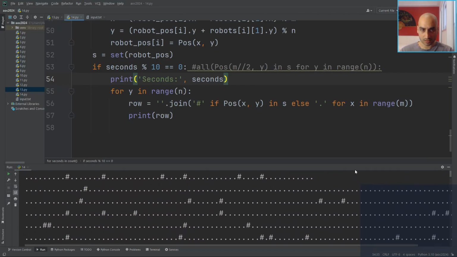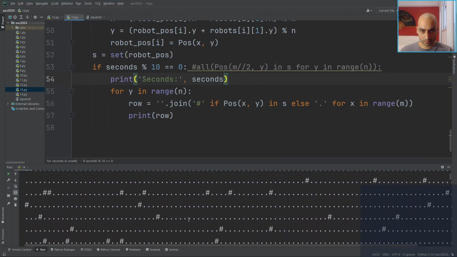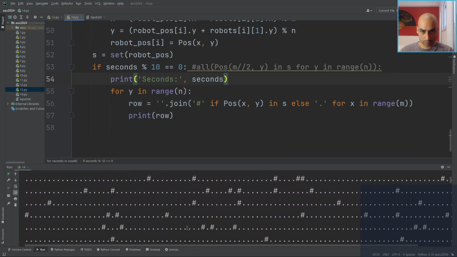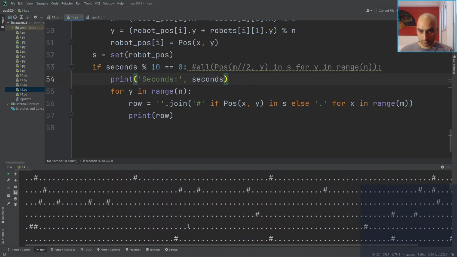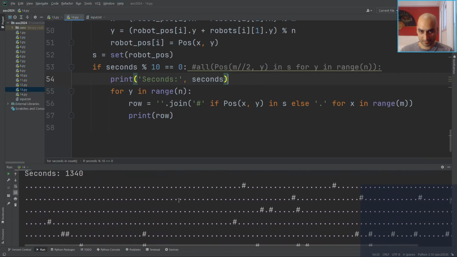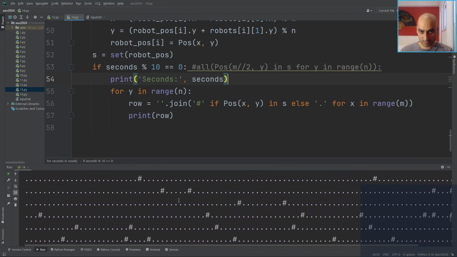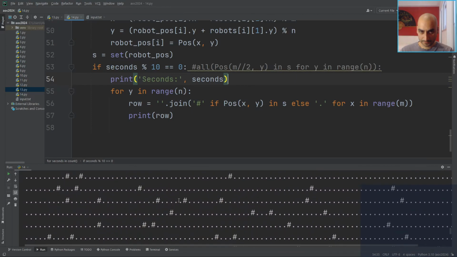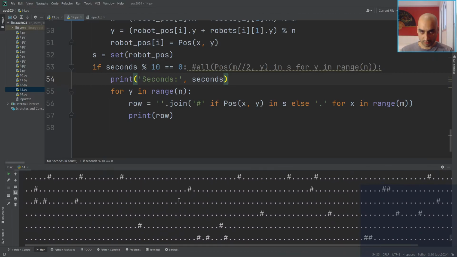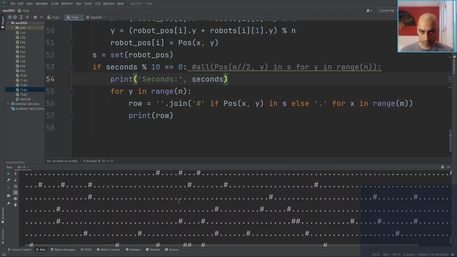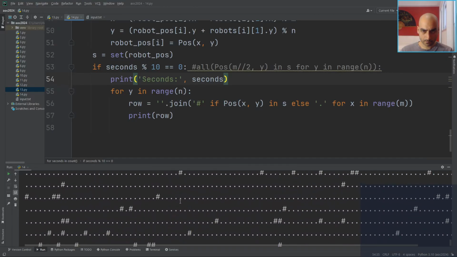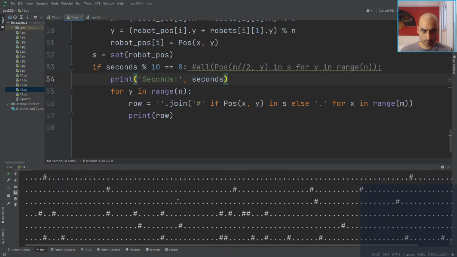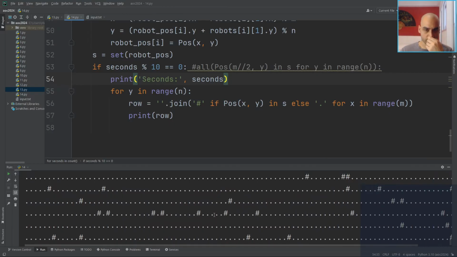It's so big. What am I supposed to do with this? So the column thing doesn't seem to work. I mean, it may not be a perfectly symmetrical Christmas tree, right?